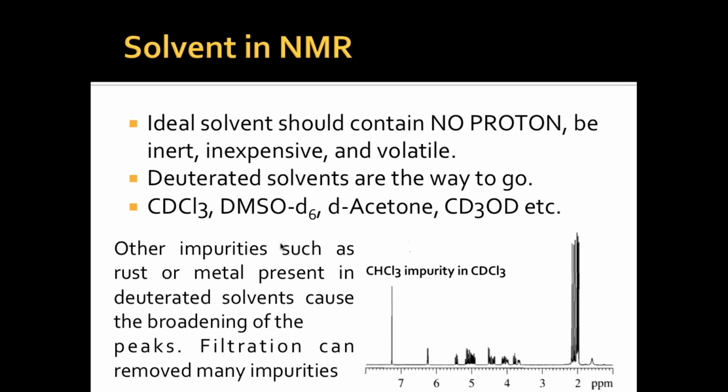Not everything will show up in the NMR, but every atom, every DNA, RNA, all the organic molecules have carbon as well as hydrogen. So you cannot use any of those as a solvent for your sample to dissolve in for NMR.